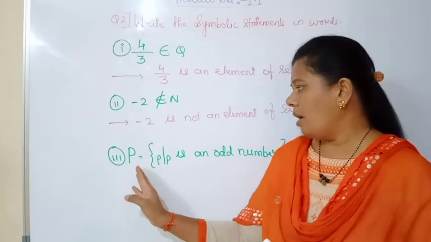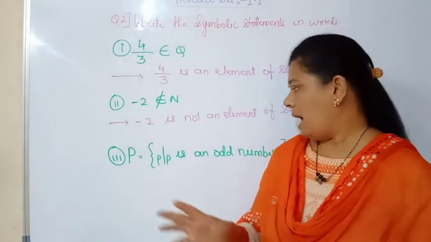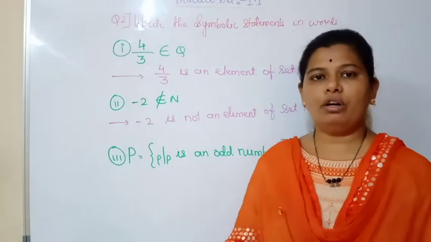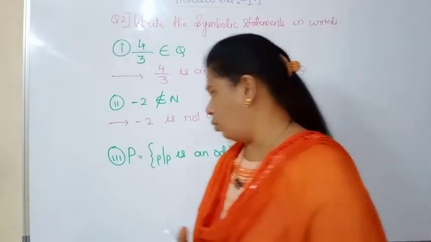P equal to, capital P is the name of the set, and small p is an odd number of set P. So we will write this in words now.